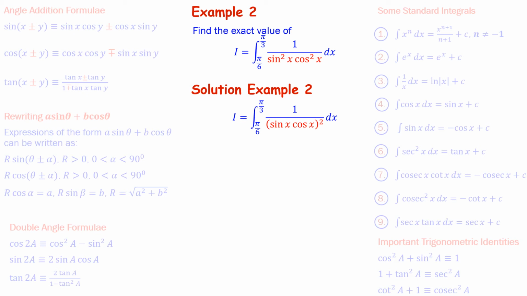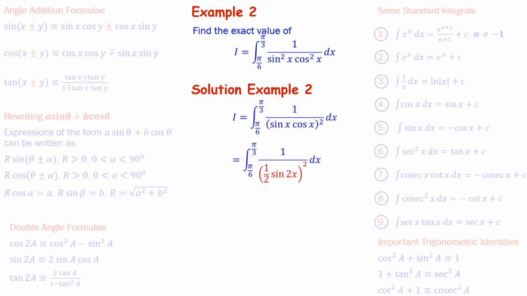So we rewrite our integral as shown here, with sine squared x cos squared x replaced by sin x cos x all squared. And now we can replace sin x cos x by a half sin 2x using the double angle formula shown.